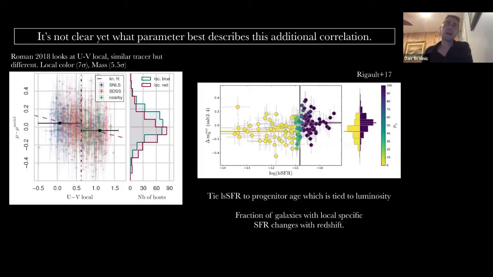All right, now what's still maybe the most popular one is that it's mass, but what has come up in popularity is that somehow it's tied to progenitor age. So there's been a number of papers by Michael Rigault, by Mike Childress or Matthew Roman that have looked at different possible proxies for what could tie you to the progenitor age. And you remember that all these things are leaps.